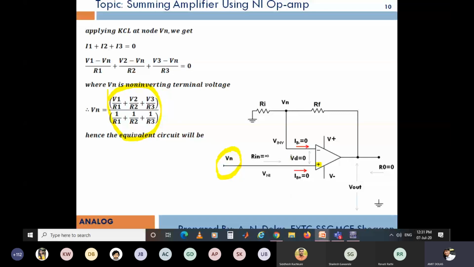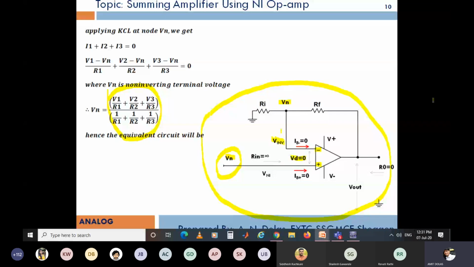Now to maintain the differential voltage Vd at 0, this voltage Vn will appear across the inverting terminal as well. So what do you see looking at this circuit?